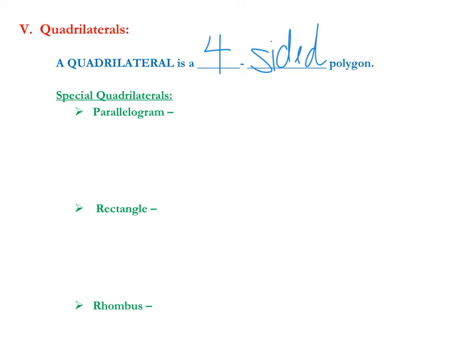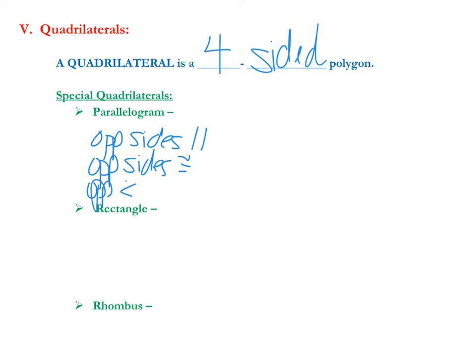A parallelogram, of course, has four sides total, and then it has opposite sides parallel, opposite sides congruent, and opposite angles congruent. So when I start talking to you about a parallelogram, you need to know these properties.